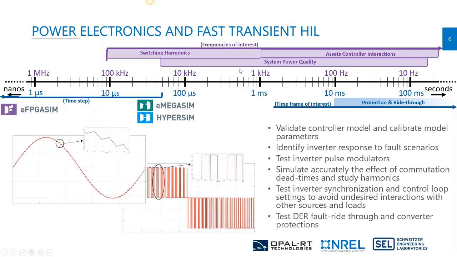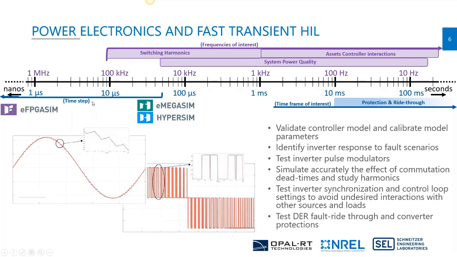The first one, fast transient HIL, is mostly where you're interested in studying switching harmonics, controller interaction, and system power quality of each individual DER. Over here, the challenge is really accurately simulating power electronics, which may go to switching frequencies up to 5 kilohertz or maybe higher than that.